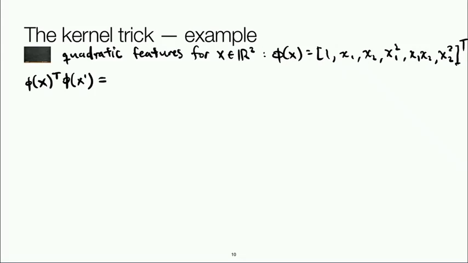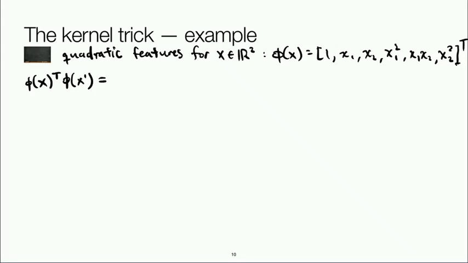Well, phi of x looks like this. Phi of x prime looks exactly the same, except all of these are the x primes. And I'm just doing a dot product, so each one of these is multiplied with its counterpart in the other vector, and then all of that summed up.